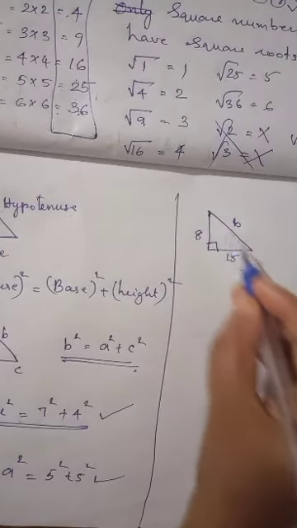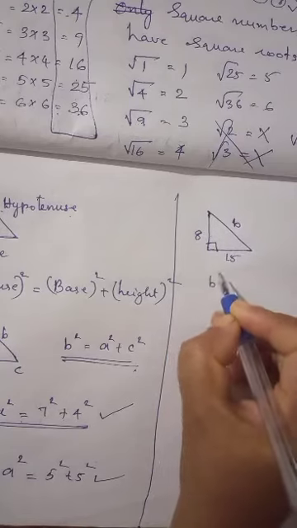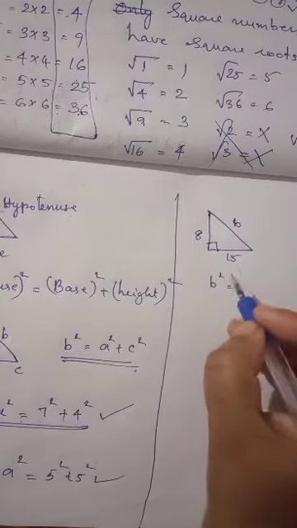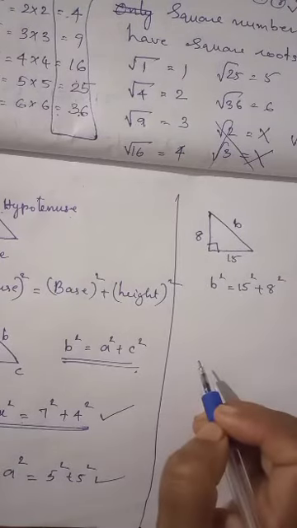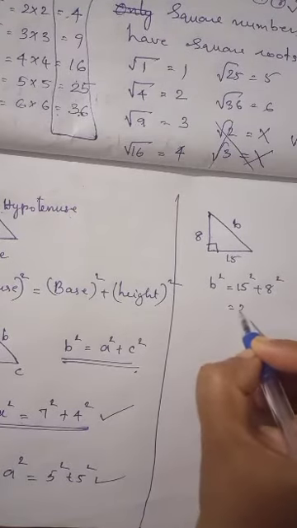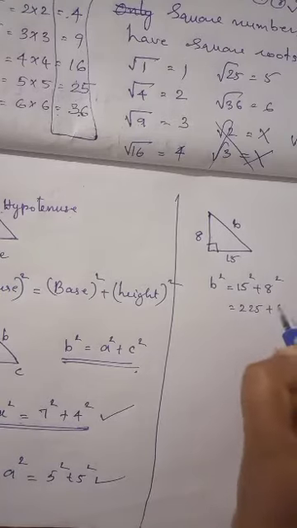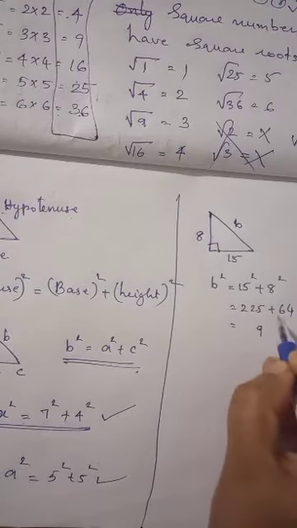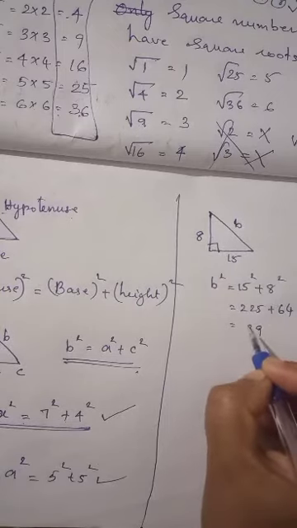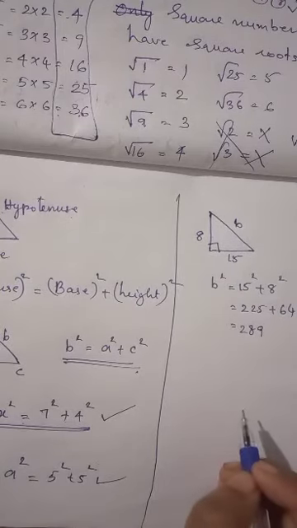So find the third side. This hypotenuse we have to find out. b square is equal to 15 square plus 8 square. 15 square is 225, 8 square is 64. When we add this, 5 plus 4 is 9, 6 plus 2 is 8, so 289.